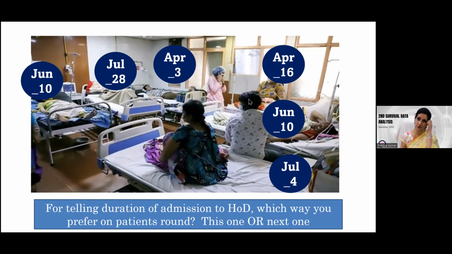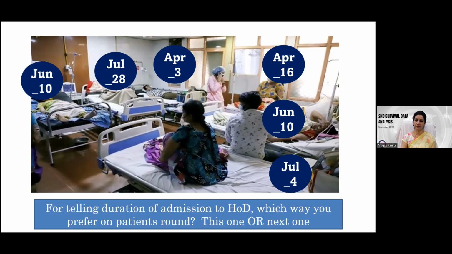So if the HOD comes to you and asks, you have to brief the HOD regarding the duration of hospital stay. So will you be telling him that this patient got admitted on June 10, or you will say that this is this many days, maybe the 10th day of hospital stay or maybe the 11th day of hospital stay?